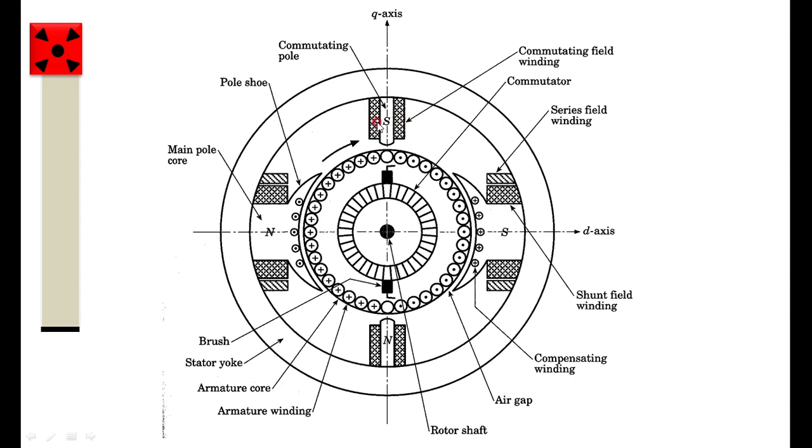These commutating windings are connected in series with the armature. Therefore, these are made up of thick wires. These are the small poles which are introduced between the main poles so that they are nullifying the reactance voltage. These are called the commutating poles.